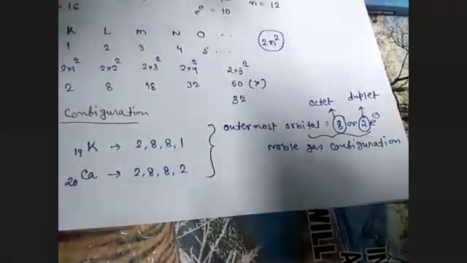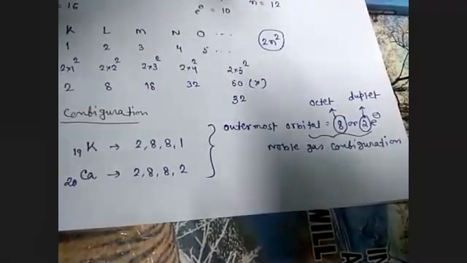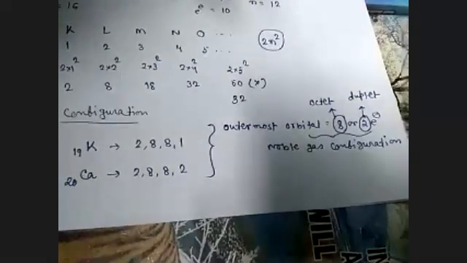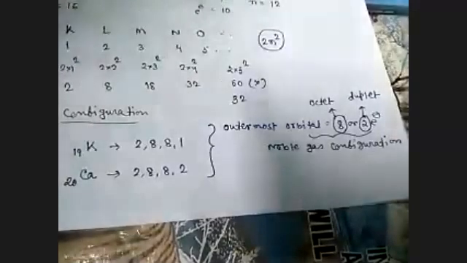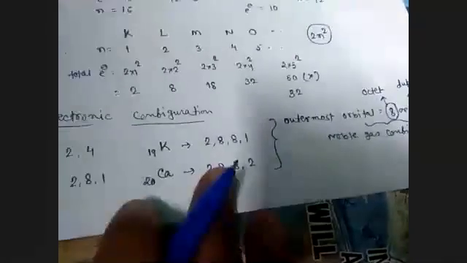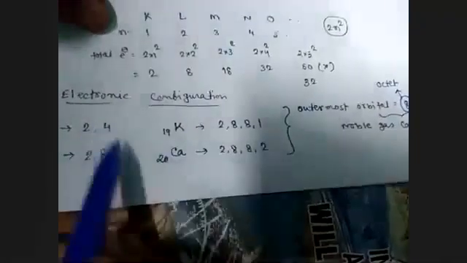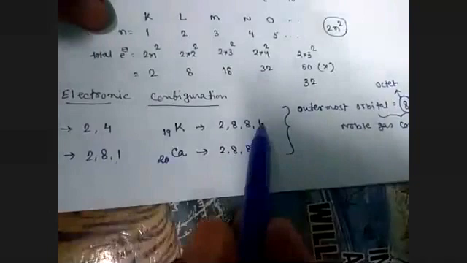So if any element has 8 electrons in the outermost shell, that is called octet, and if 2 electrons, then it is a duplet, and it is the noble gas configuration.